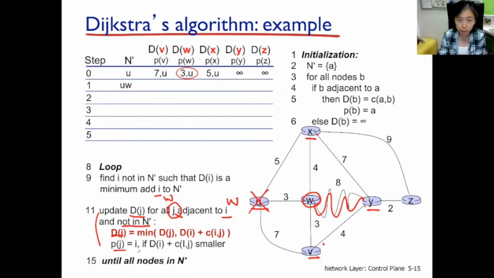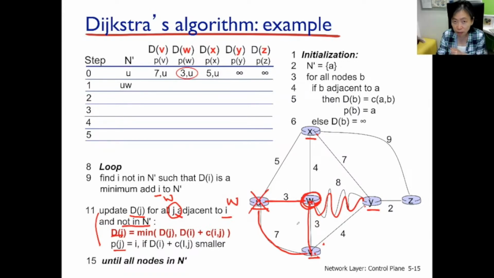We need to update the minimum distance and the predecessor node. So what we'll be doing here is to exploit W as a hopping node. So V here: there's another path, right? Originally we had this direct link, but now there's an alternative path through W, which is 3 plus 3, the minimum distance to W plus the link cost between V and W. And that is 6.